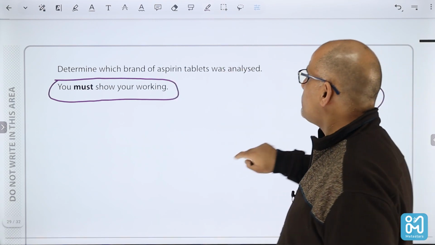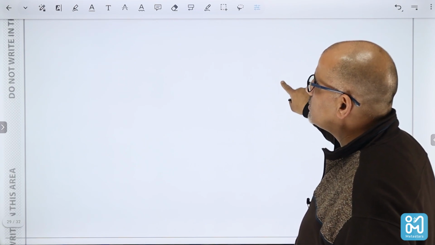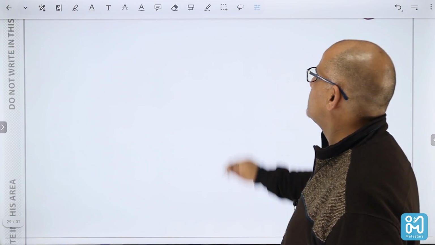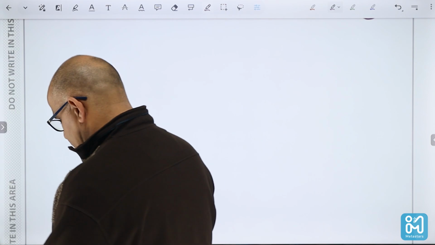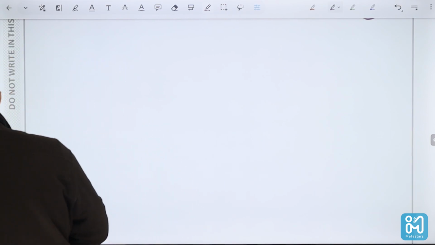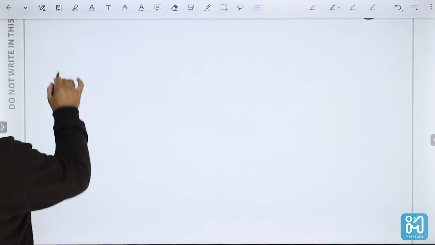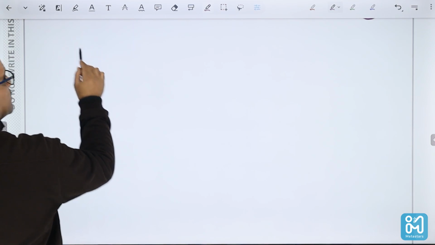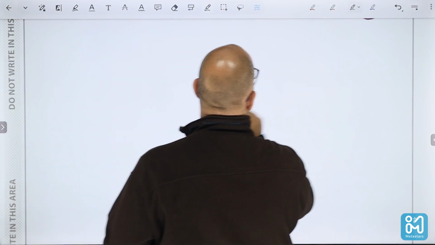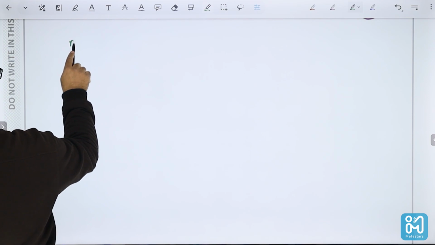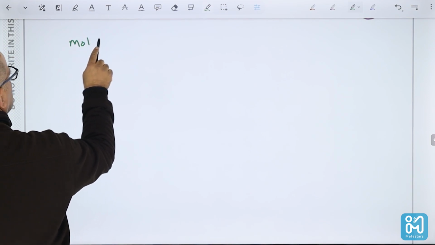First of all, you can start from the titrant which is used, which is NaOH. Now, we can start from the moles of sodium hydroxide.